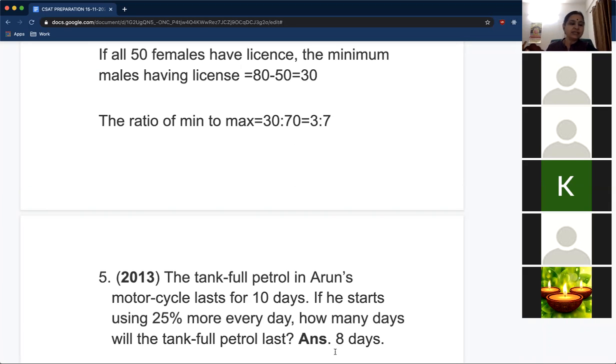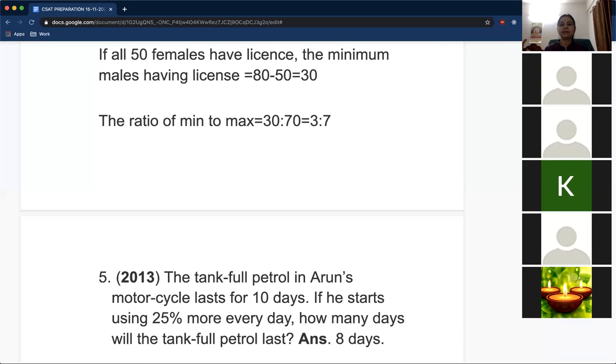Who can read the question and explain it? Just like how we have done that pumps question. You can attempt it even if it is wrong, there's no problem. Just read the question.